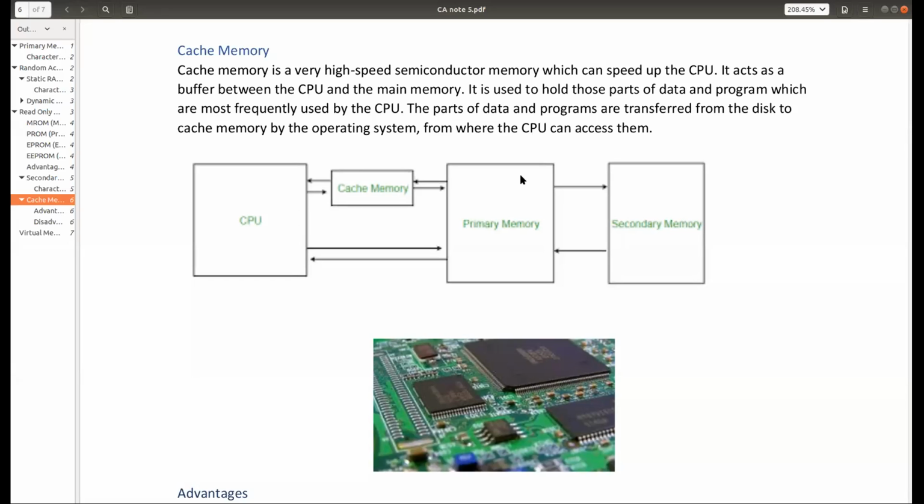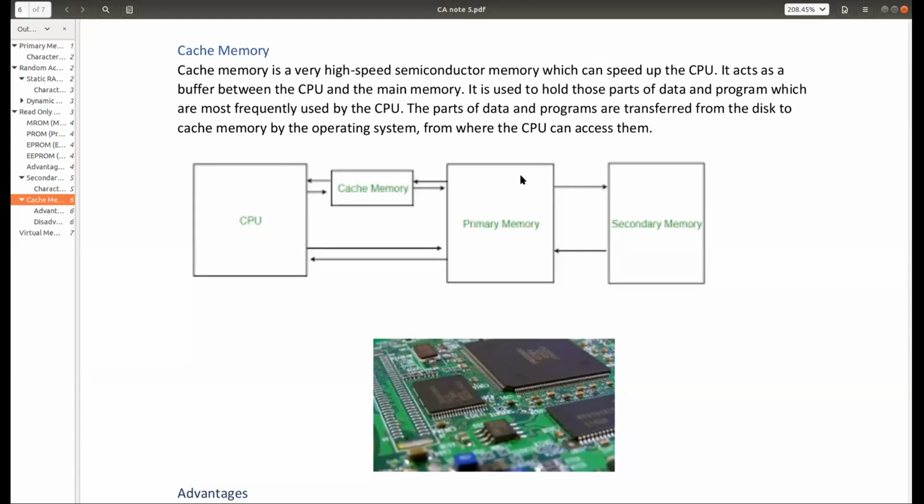So our computer system will put the frequently accessed data in the cache memory so that this data can be accessed in a very short span of time, which will ultimately decrease the data accessing time and increase the efficiency of the computer system. So that is basically what cache memory is.